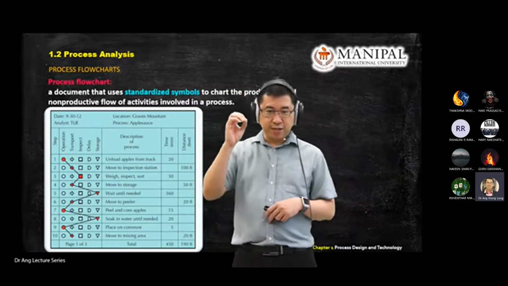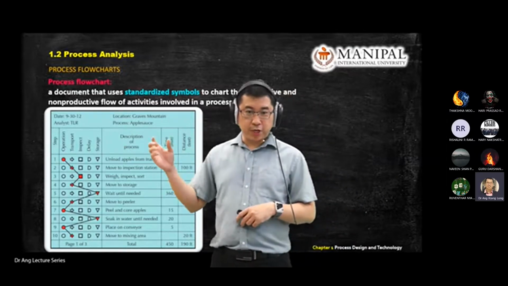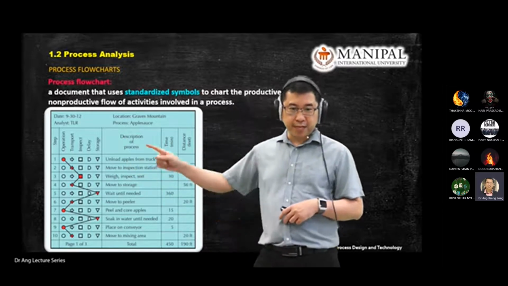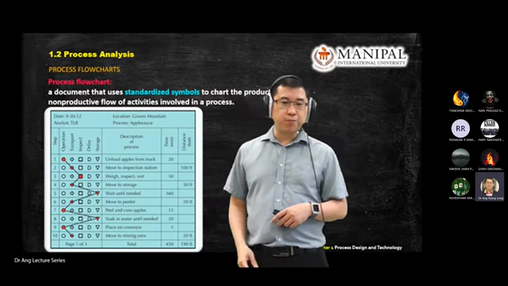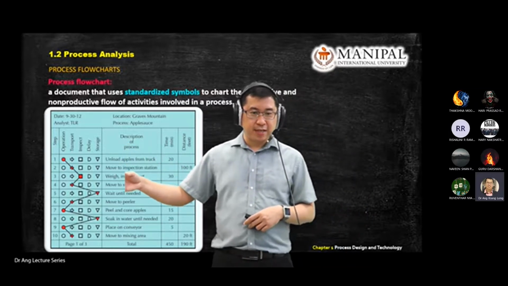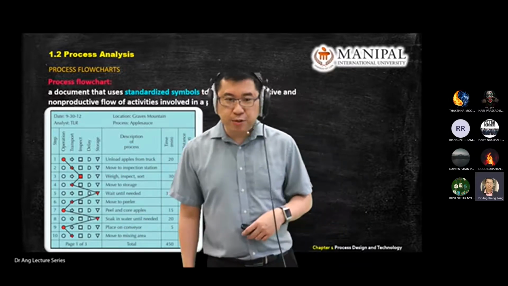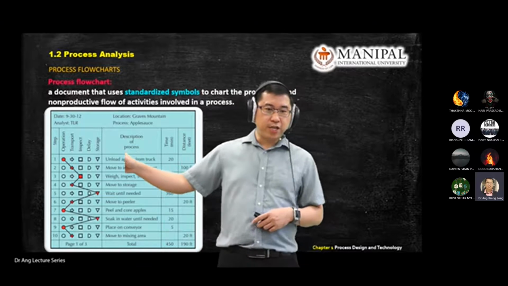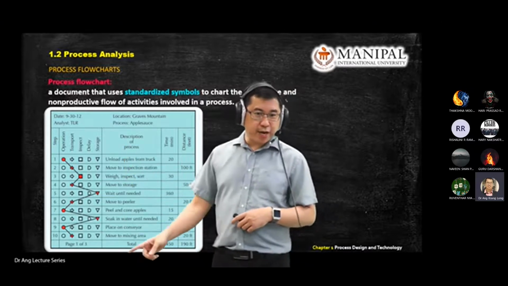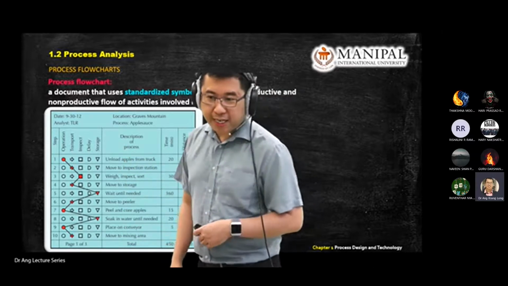Then the second one is the arrow. The arrow shape means you transport it to somewhere. Then the third shape is the square. Square is inspection. Then the half square shape is delay.